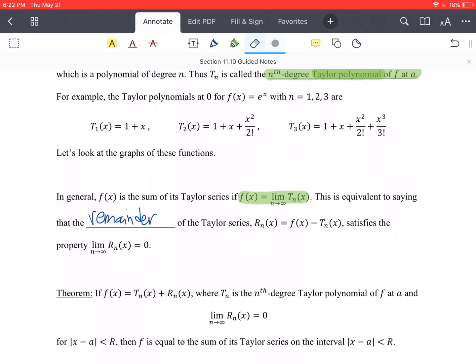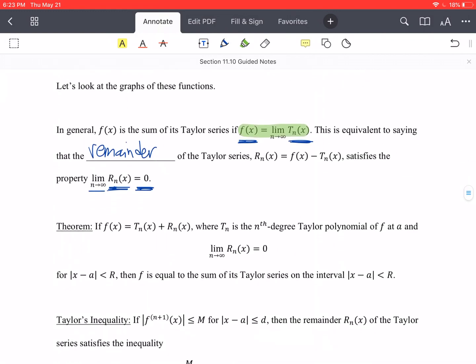The property is that the remainder, as n goes towards infinity, goes to 0. If T, our approximation, is getting closer and closer to the function, the difference between them should be getting closer and closer to 0. In other words, our approximation is getting better and better. There's less left over if we do a better approximation.